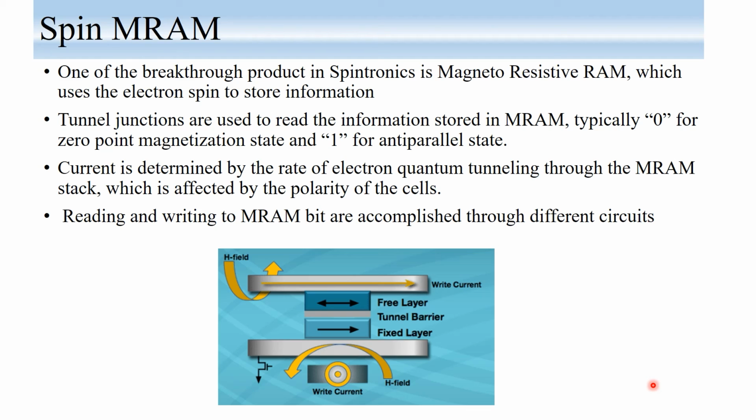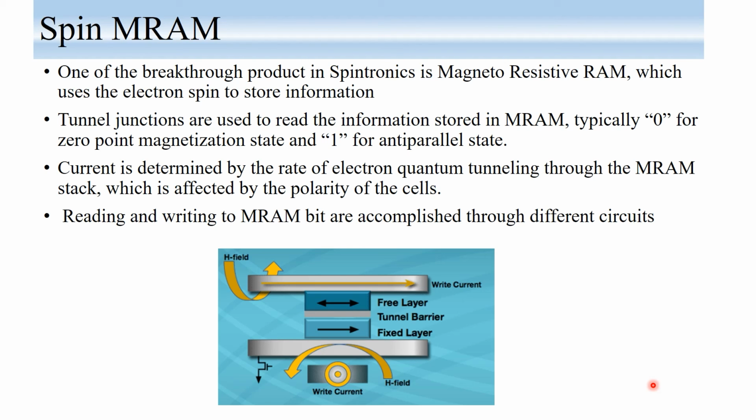And next is the spin-based magnetoresistive random access memory. In modern computers, they are implementing this MRAM technology based on spintronics. One of the breakthrough products in spintronics is the magnetoresistive RAM, which uses the electron spin to store information.